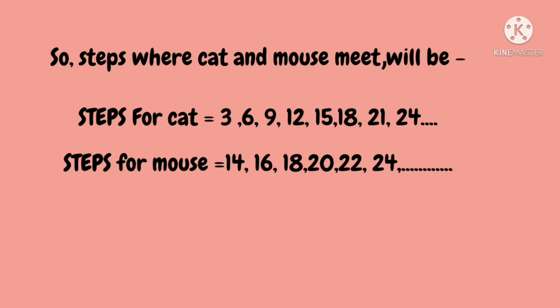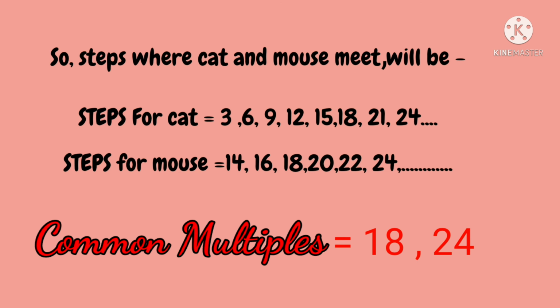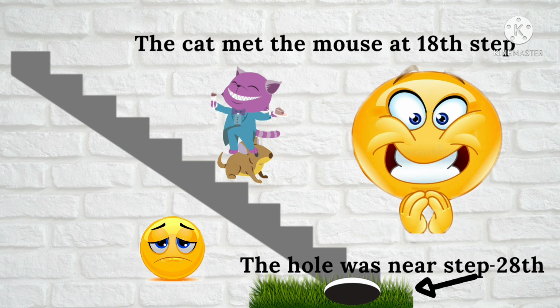So, the common steps where the mouse and the cat can meet will be 18 and 24, and these will be called common multiples. So the cat met the mouse at 18th step and so she caught it.